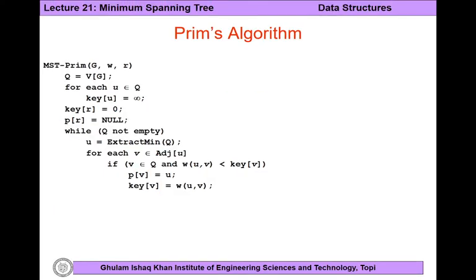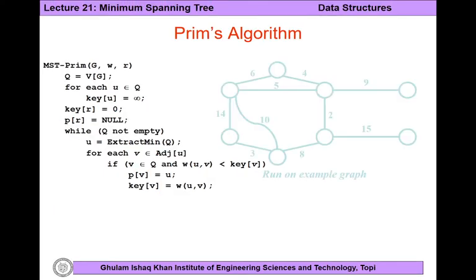So for that, let us consider this graph as an example. Now if you see here, initially the nodes may contain any value, right?